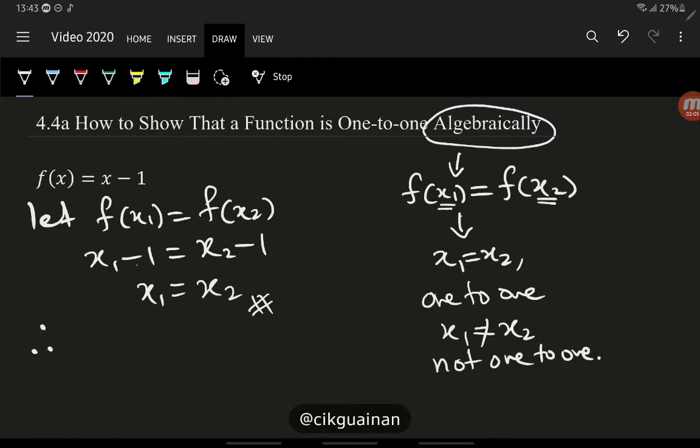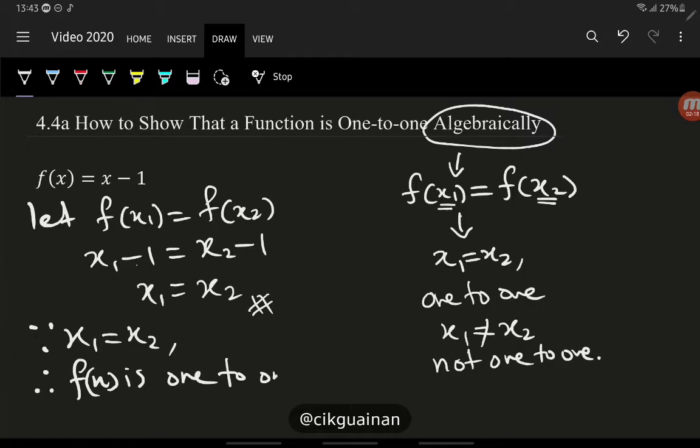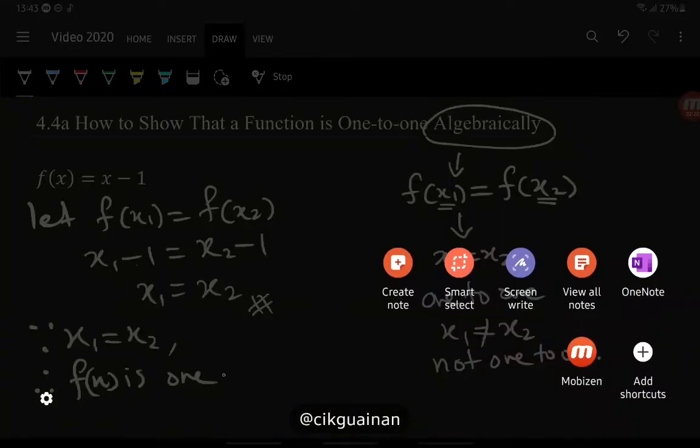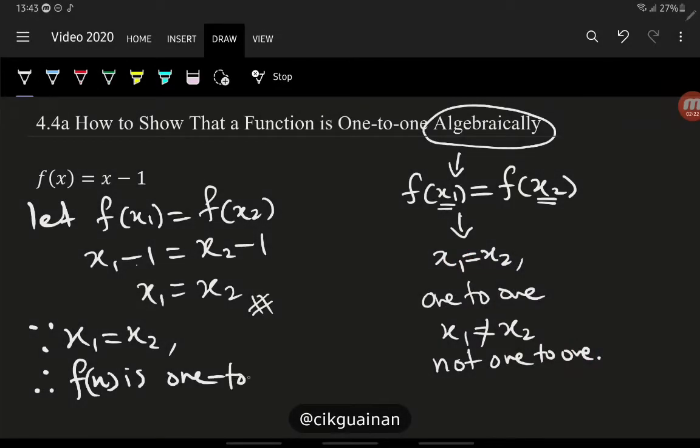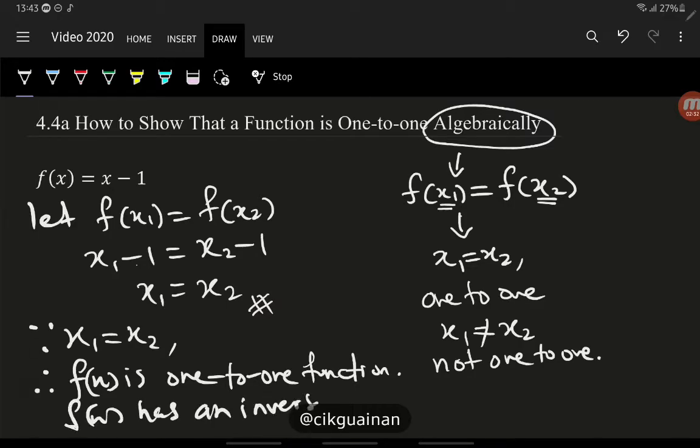So since x1 equals x2, therefore f(x) is a 1 to 1 function. Okay, f(x) has an inverse.